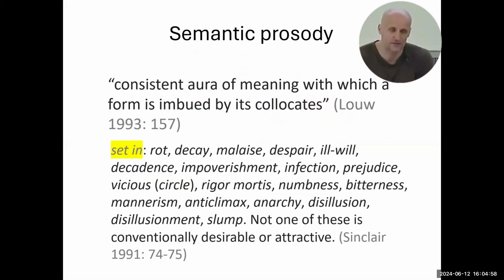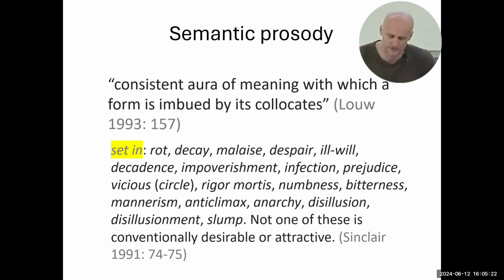This is, by the way, a case of semantic prosody, which was first pointed out by Sinclair, but perhaps the most influential definition comes from Louw, who defined it as the consistent aura of meaning with which a form is imbued by its collocates.